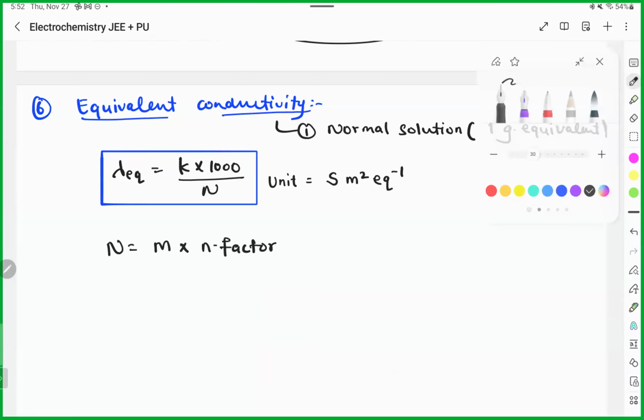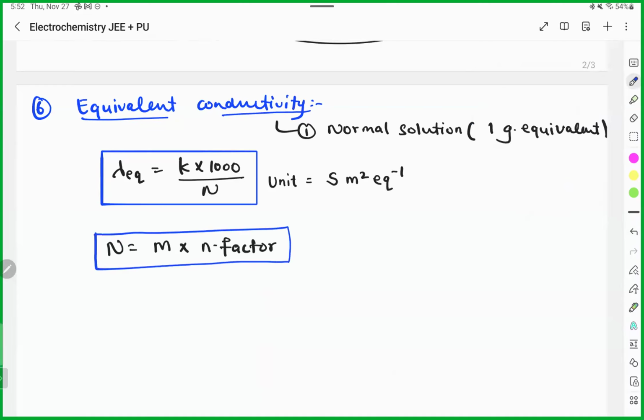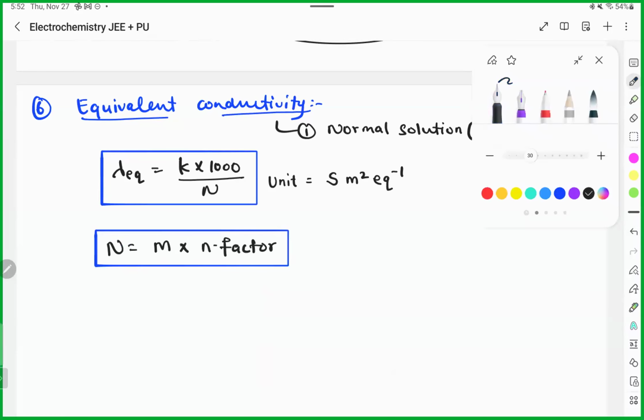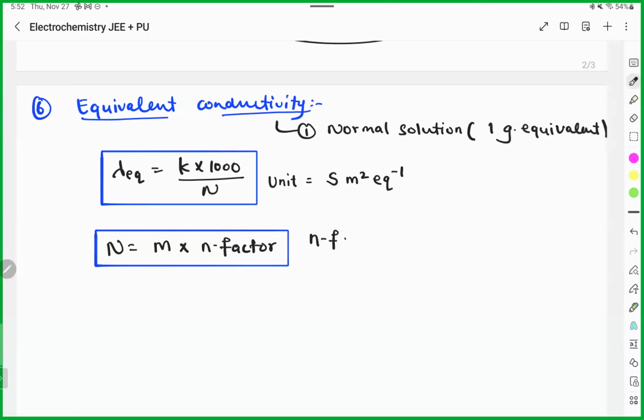Chinmay, do you know how to calculate this n factor? The basic formula from classes. How to calculate n factor for acid? How to calculate for base? And how to calculate for any molecule?